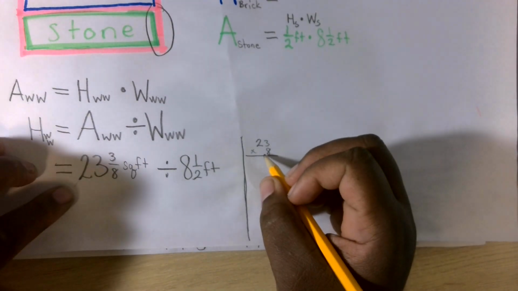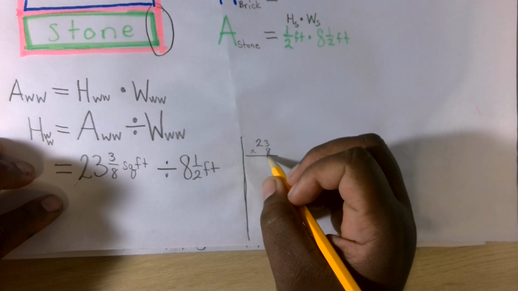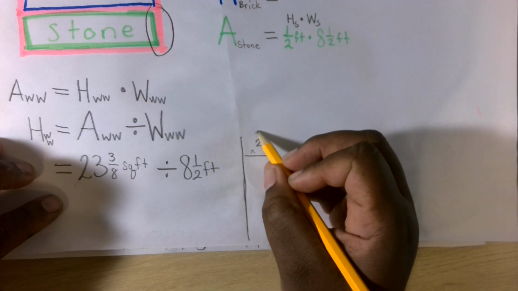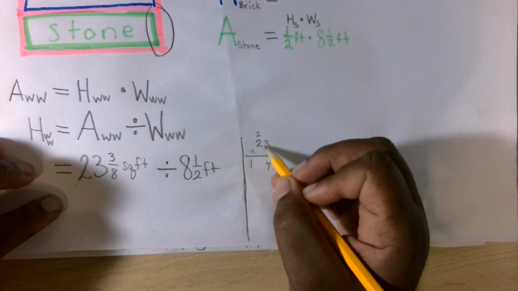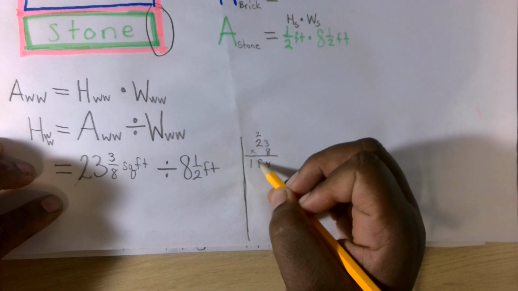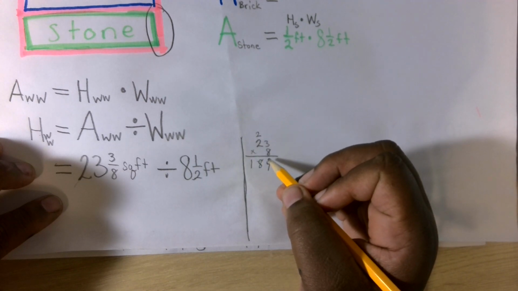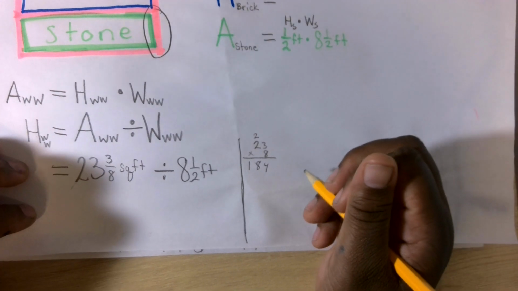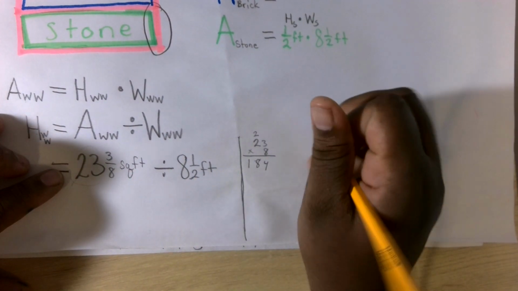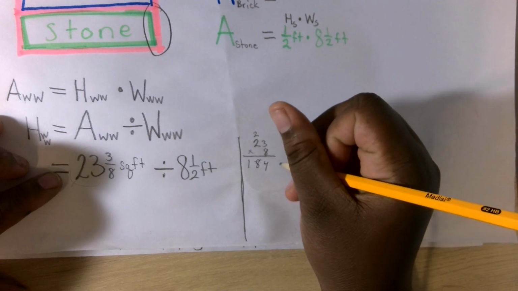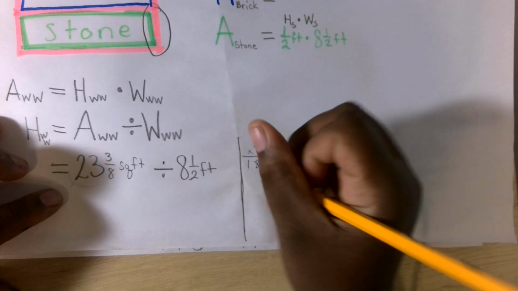So I need to multiply my wholes by eighths. 23 times 8 is 184. So 23 whole units is the same thing as 184 eighths.